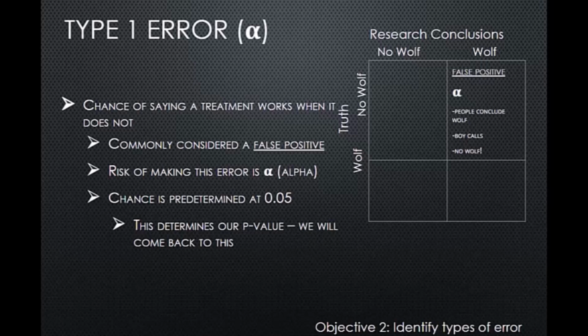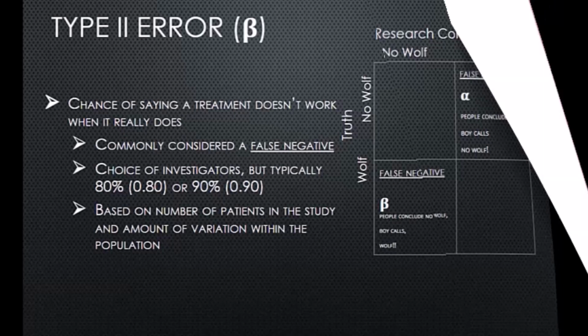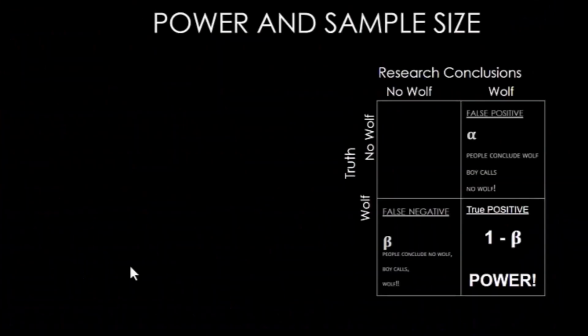Our type 2 error is a chance of saying that a treatment does not work when in reality it does work. They concluded the null hypothesis, no wolf, never wolf, is true, when it's actually the alternative hypothesis that is true, or false negative. Power and sample size.